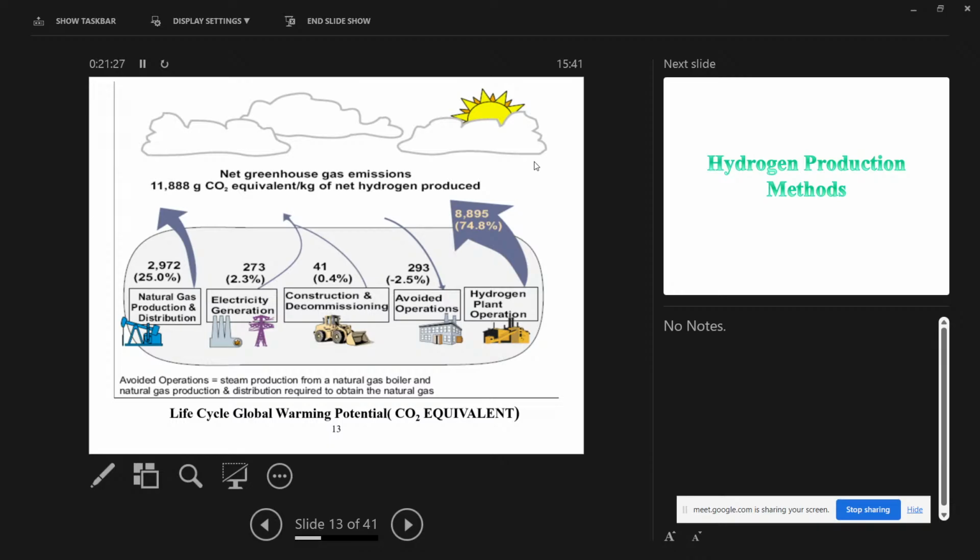Can you imagine that for 1 kg of hydrogen, at least 12.3 kg of CO2 is emitted?